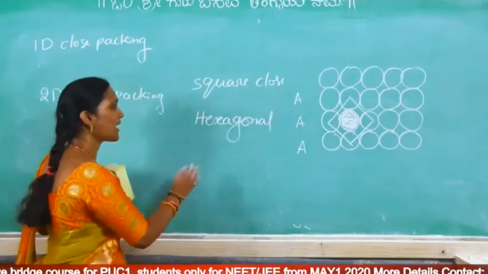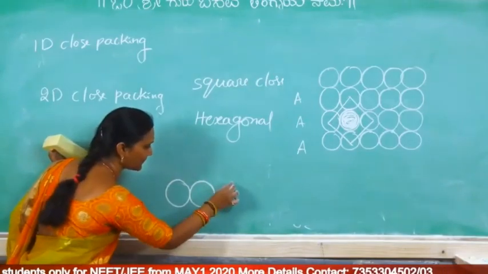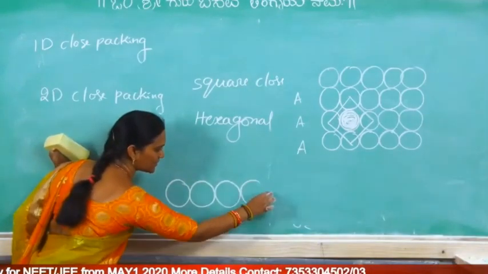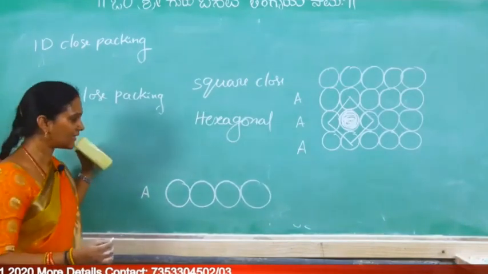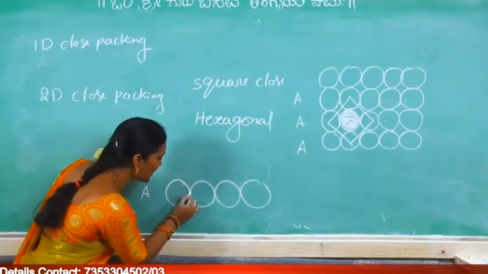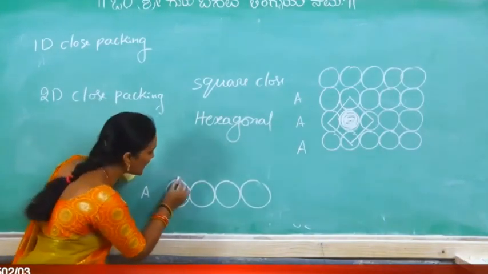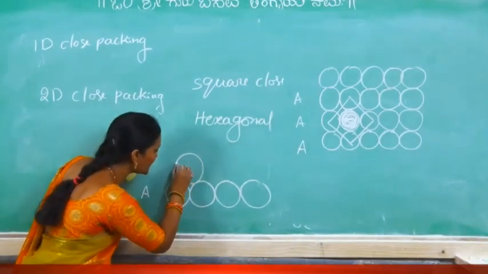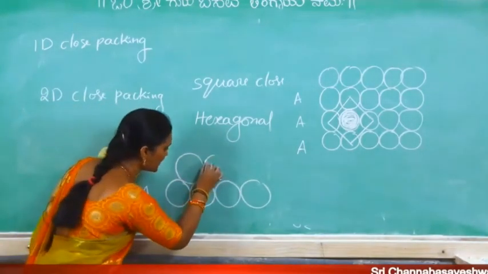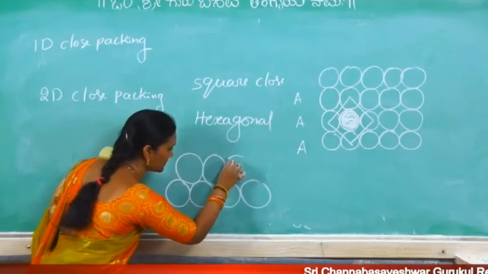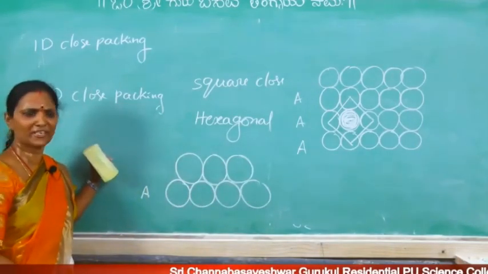Next, hexagonal close packing. What is this close packing? Like this, the first layer is A. Now these are called depressions of the first layer. The second layer is positioned on the depressions of the first layer. Now this is the second layer. This is not just like A, it is in different places.